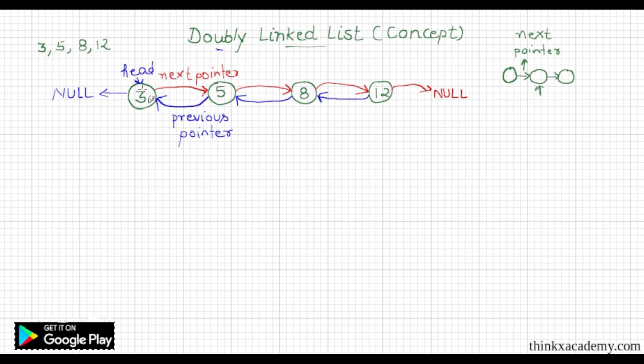The main reason why we use a doubly linked list is because the flow of traversal in a singly linked list is unidirectional. So I'm going to write here: unidirectional. But in a doubly linked list, you can even traverse backwards, so it is bidirectional.